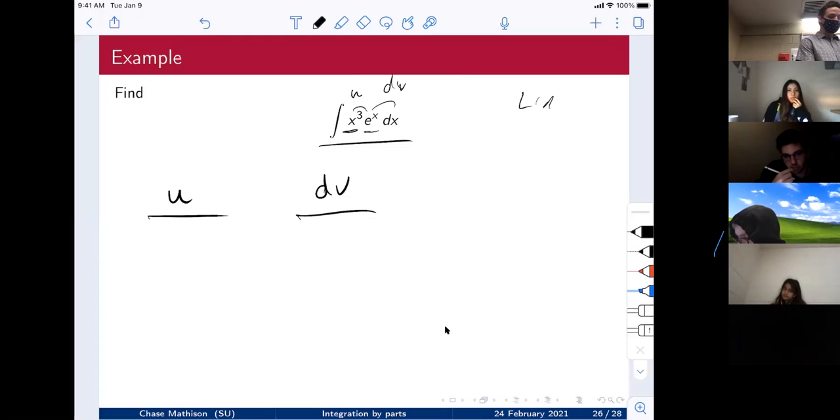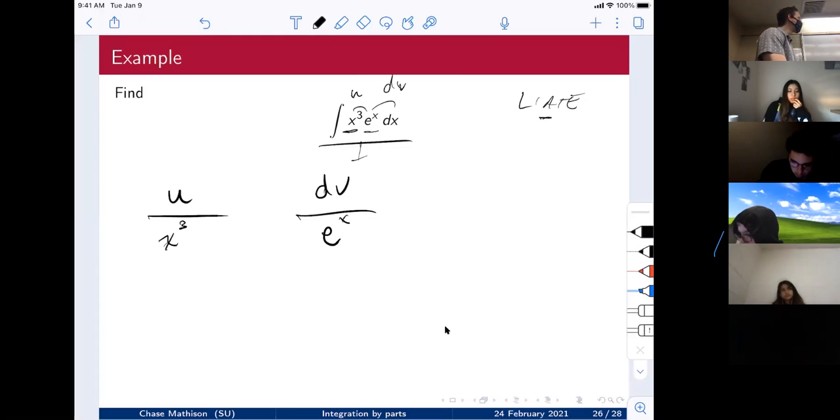Lyautey says that I should choose u to be the algebraic function in this integral. So I'm going to choose u to be x cubed, and that means dv I'm going to choose to be e to the x. And because the dv is at the top here, I'm going to leave off the dx.